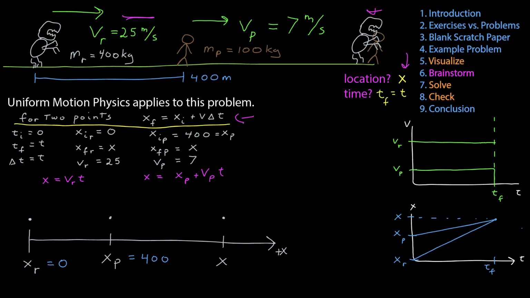Final position is x, which is the same for the professor as for the raptor. I've identified that already. And the velocity of the professor is 7 meters per second. That gives me a relationship between those parameters given by this equation. And now I have two independent equations that both have my two unknowns, x and t, so that tells me I'm ready to solve the problem.